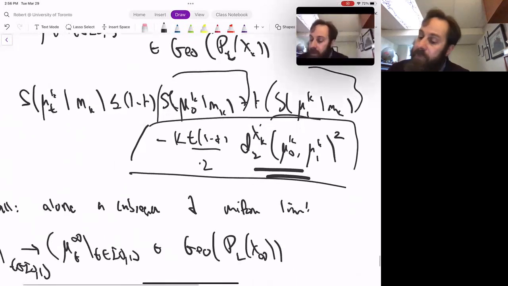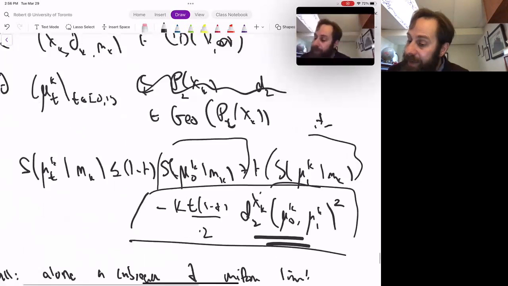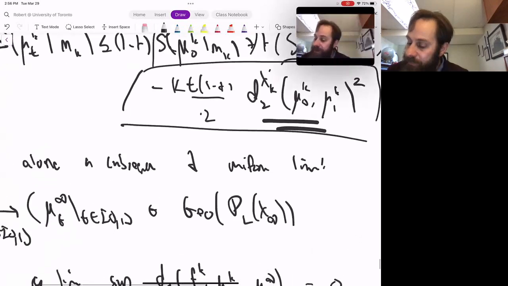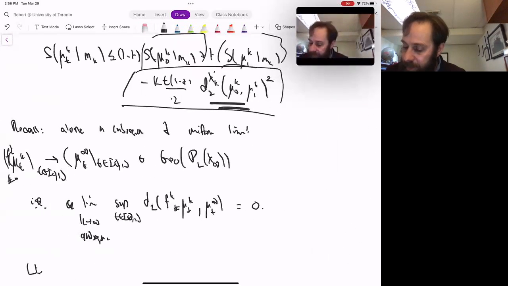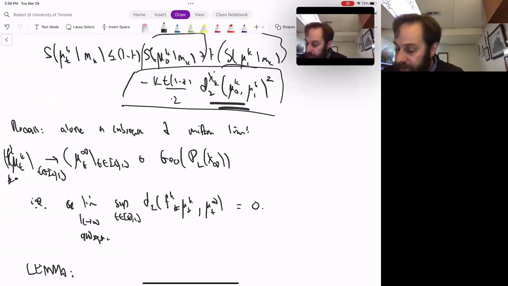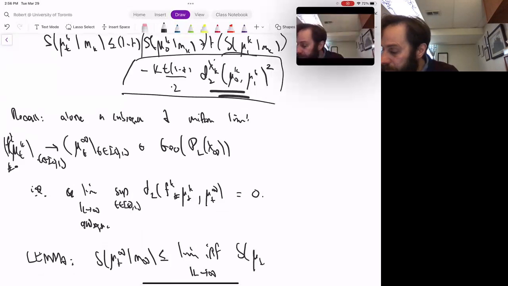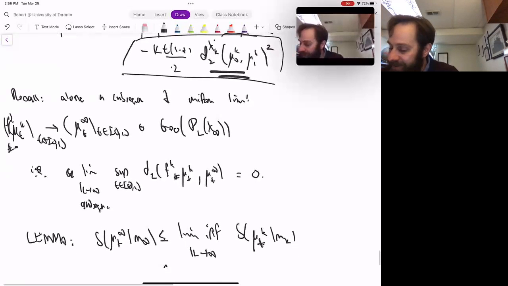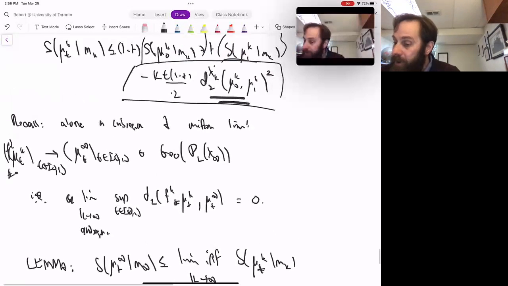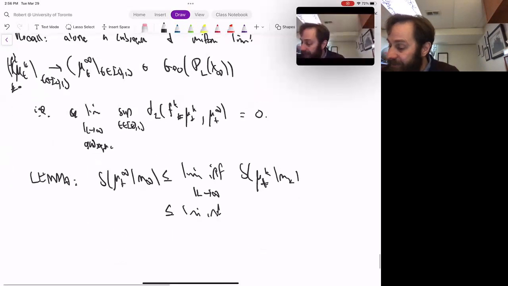And then the final thing is to use the lower semi-continuity and the contractivity that we proved in the previous lemma, which is supposed to tell us that S of mu t infinity with respect to m infinity is less than the lim inf as k goes to infinity of S of mu tk with respect to mk. And then we're in good shape because this is less than the lim inf of all the stuff on this side, but that stuff actually converges.